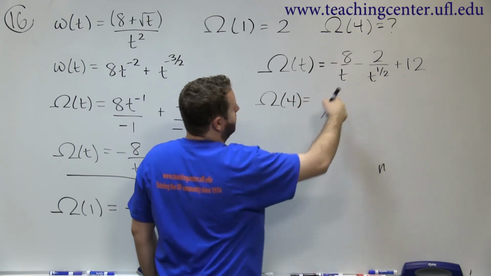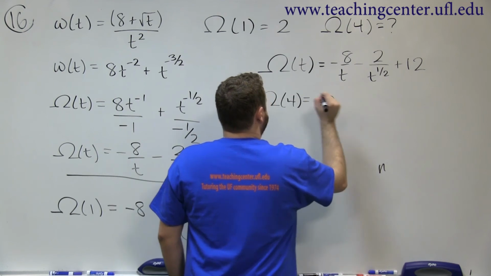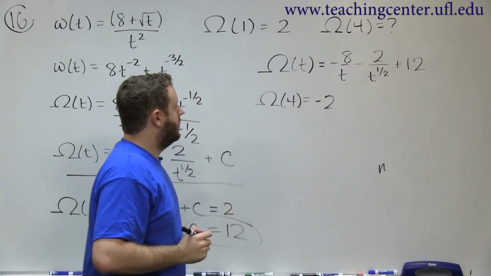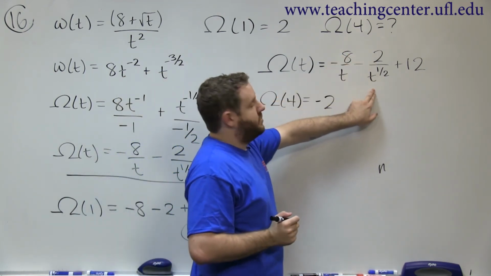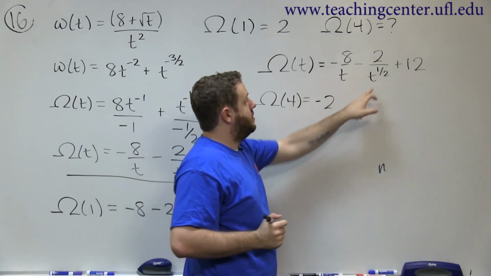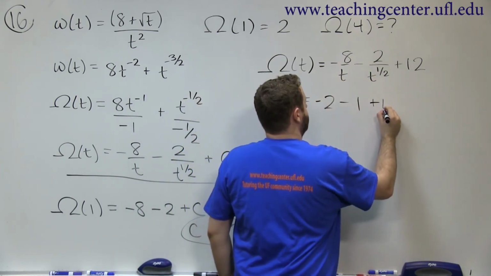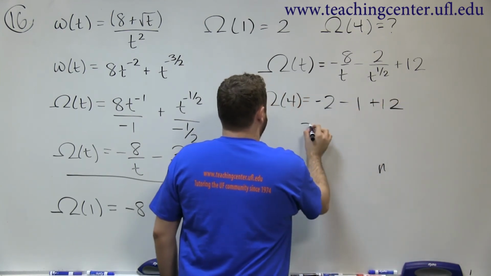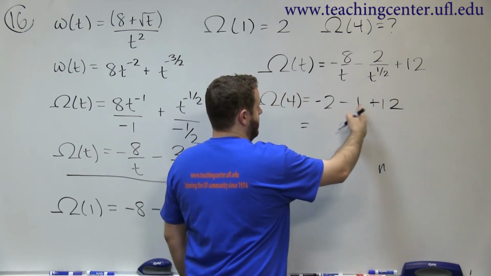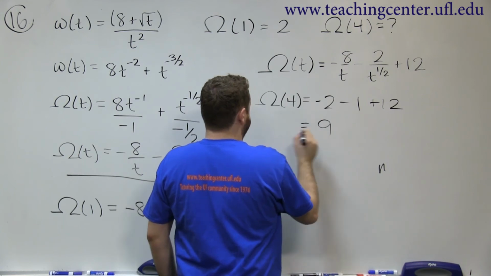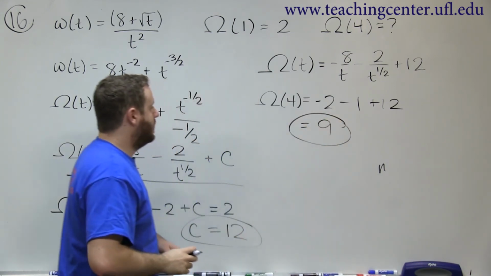This would be negative 8 over 4, which is negative 2. Negative 2 over the square root of 4, which is 2, so negative 2 over 2 is minus 1, plus 12. So that's negative 2 minus 1 plus 12. That would give us 9.